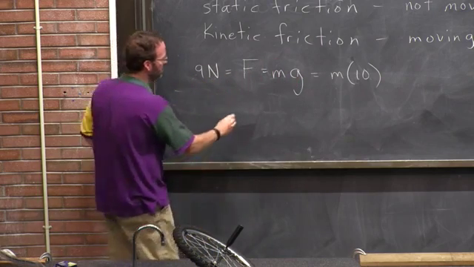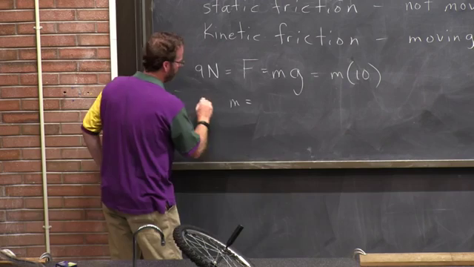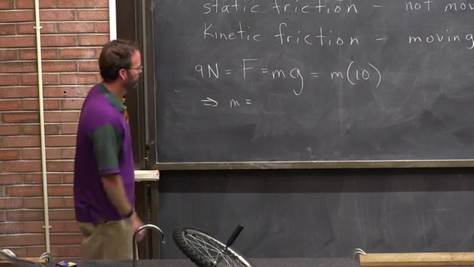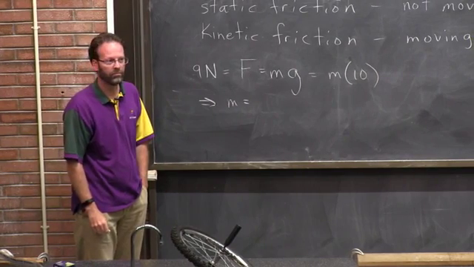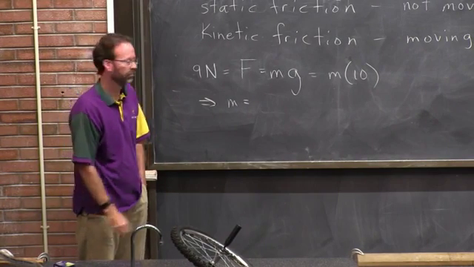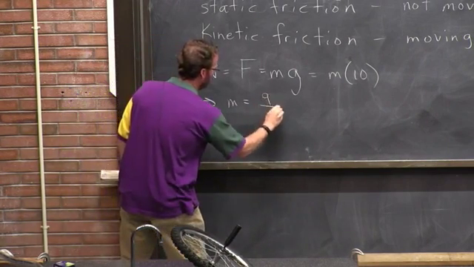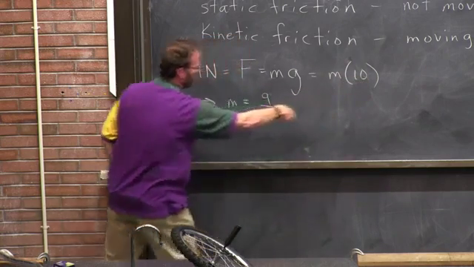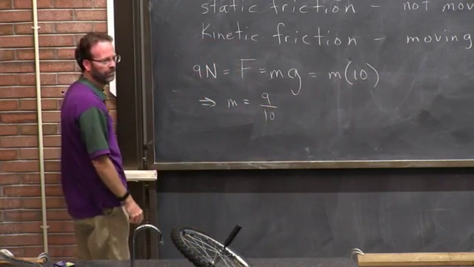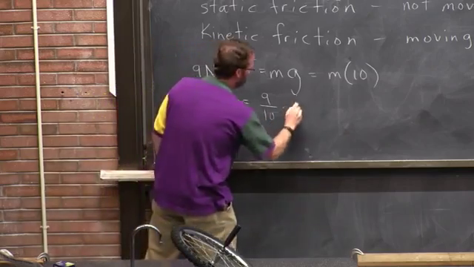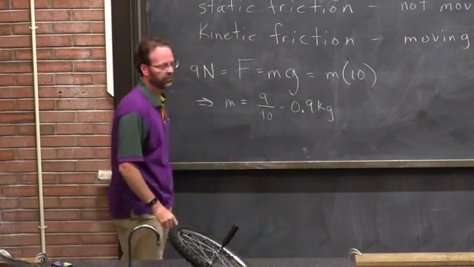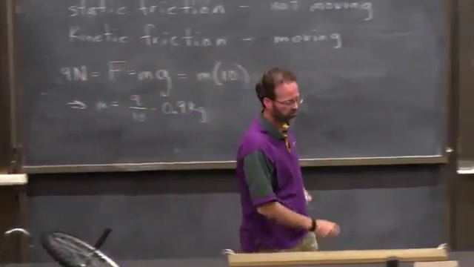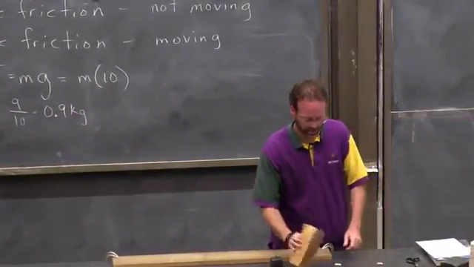So what would the mass be? Nine divided by 10, or yeah, 0.9 kilograms. There you go. The block weighs 0.9 kilograms, or 900 grams.